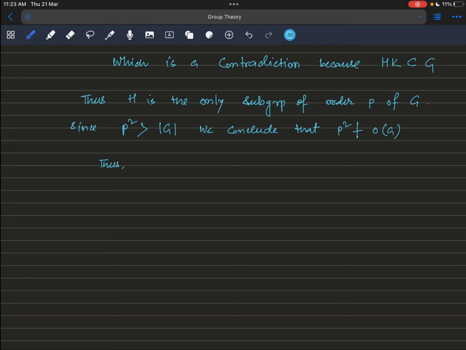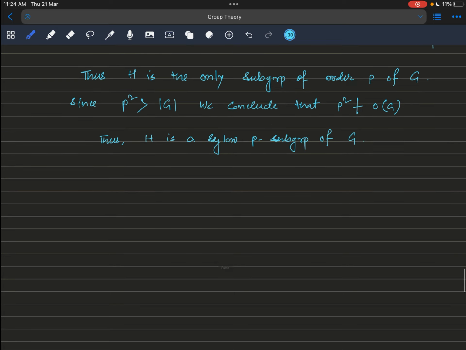Thus, by Sylow's theorem, H is a Sylow p-subgroup of G, which implies H is normal in G. Why?